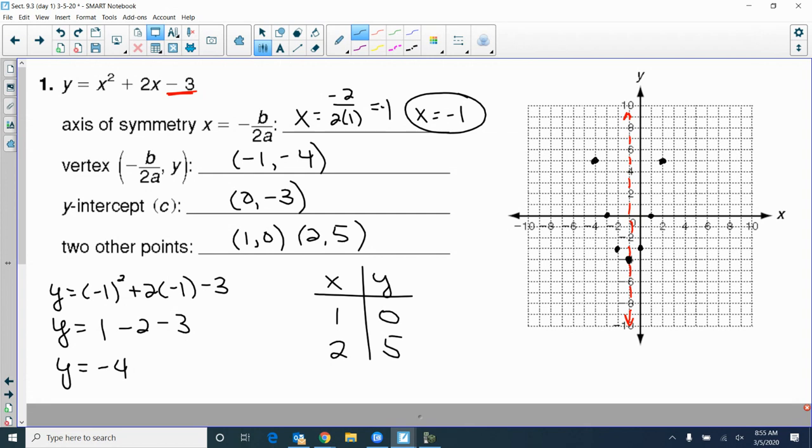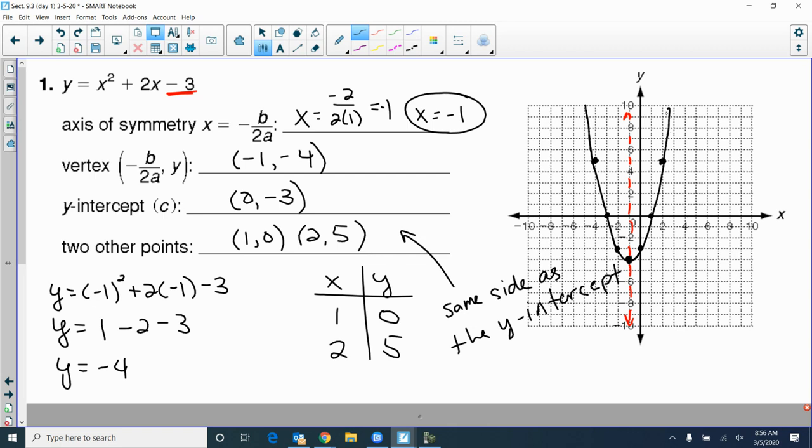Okay. And they have to be on the same side as the y-intercept. Now go ahead and finish it off by drawing in the graph.